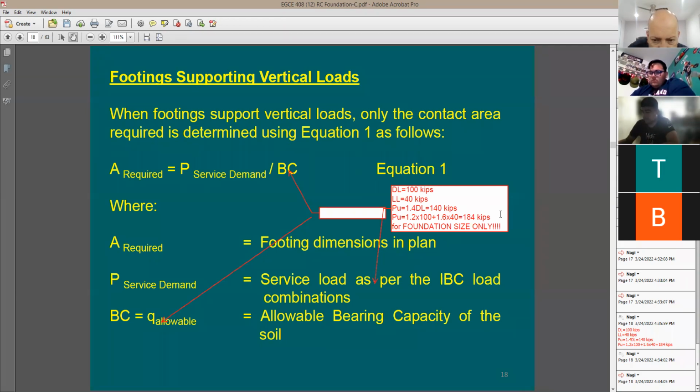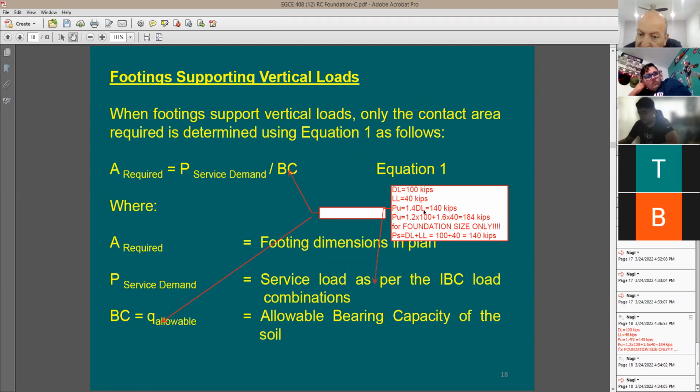You guys remember this? It's a very common mistake that people are confused between service and ultimate. P service equals, remember this, just dead load plus live load. No load factors, meaning it's going to be equal to 100 plus 40 equals 140 kips. It has nothing to do with this 1.4 times dead load.